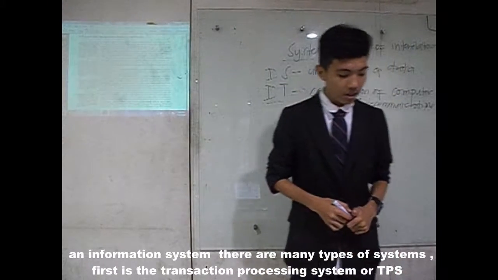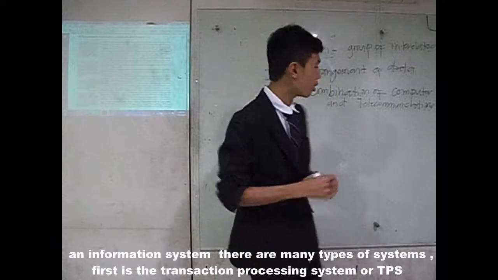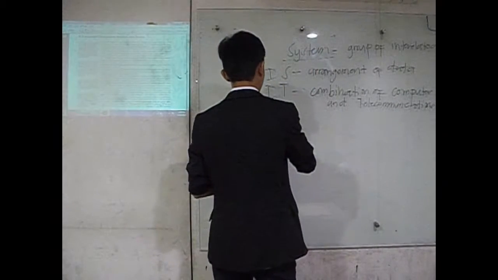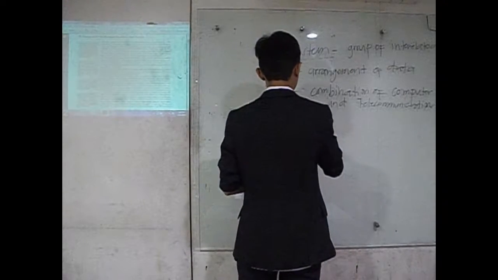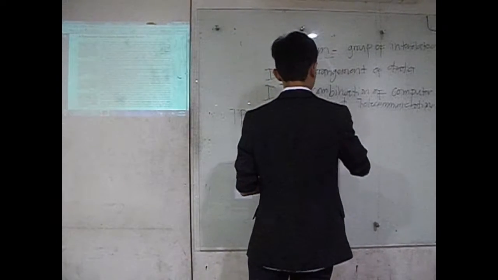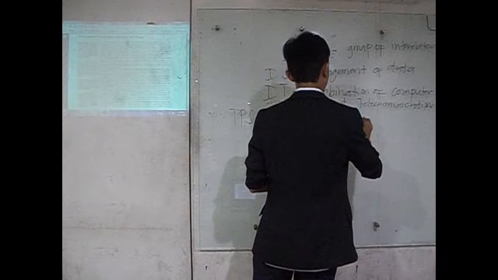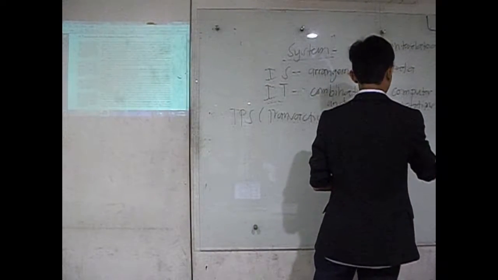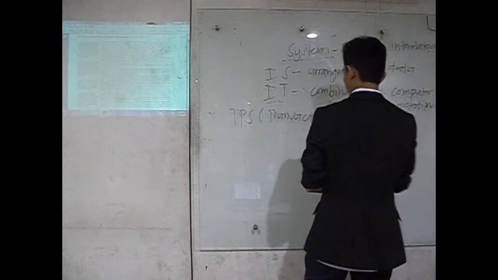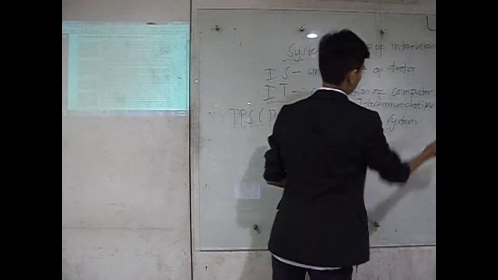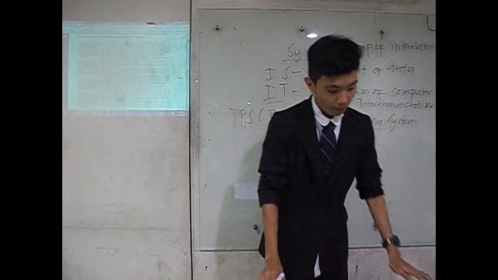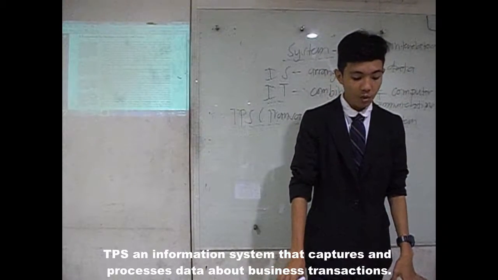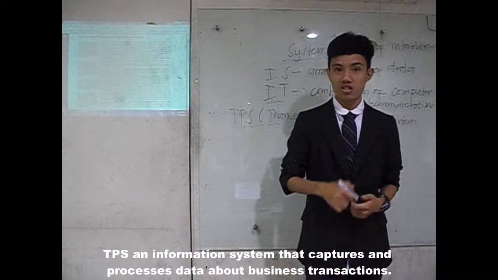First is the transaction processing system, or TPS. TPS is an information system that captures and processes data about business transactions.